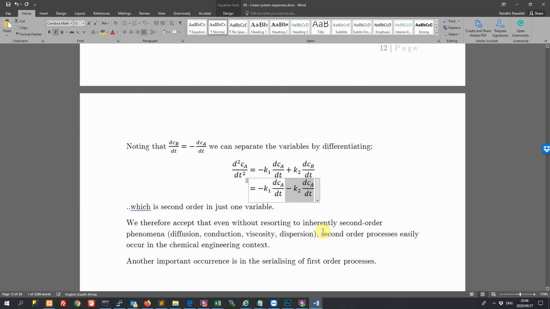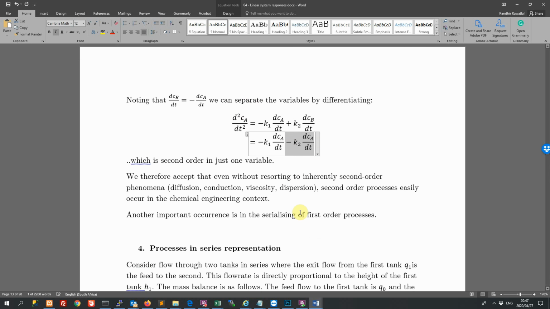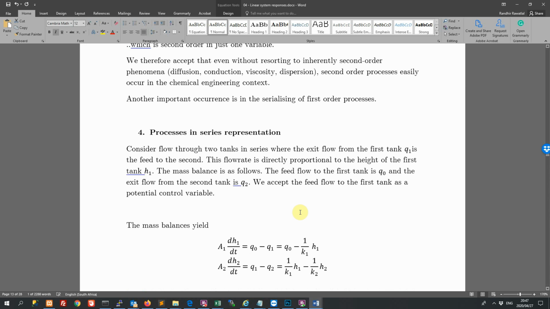In fact, you can integrate this once and say this is first order. But in this case we went into the second order domain for a little bit to find the relationship that we were looking for. So that's another example.